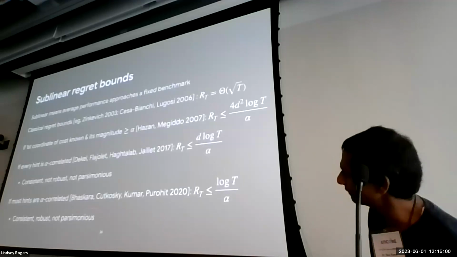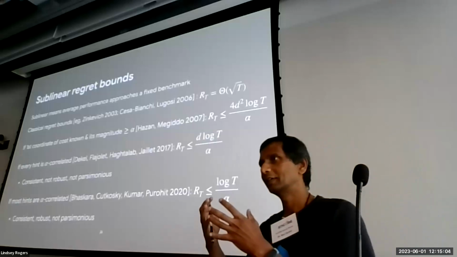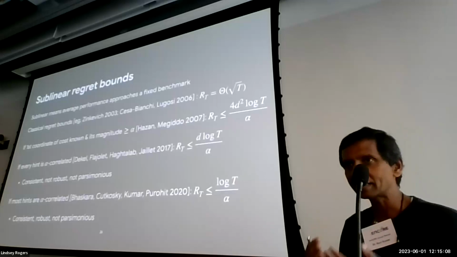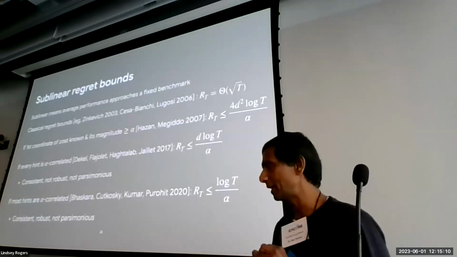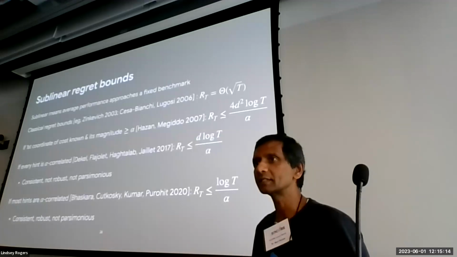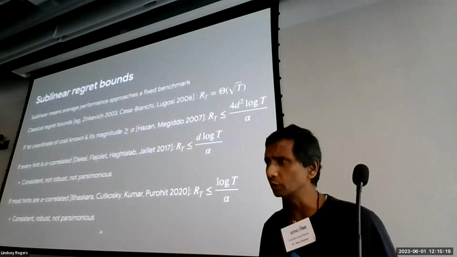But the result was not parsimonious, because the algorithm needs the hint at every time step. What I'm going to describe next are some ideas behind the algorithm that makes this consistent, robust, and parsimonious. I won't go into the original paper, but it's more recent work that appeared in NeurIPS last year.